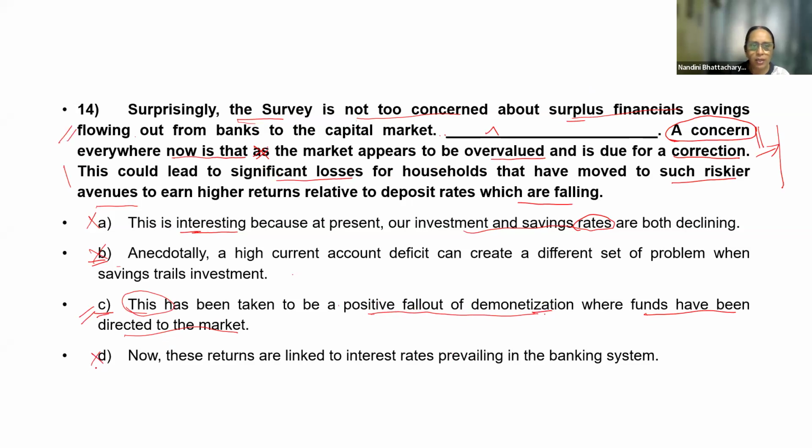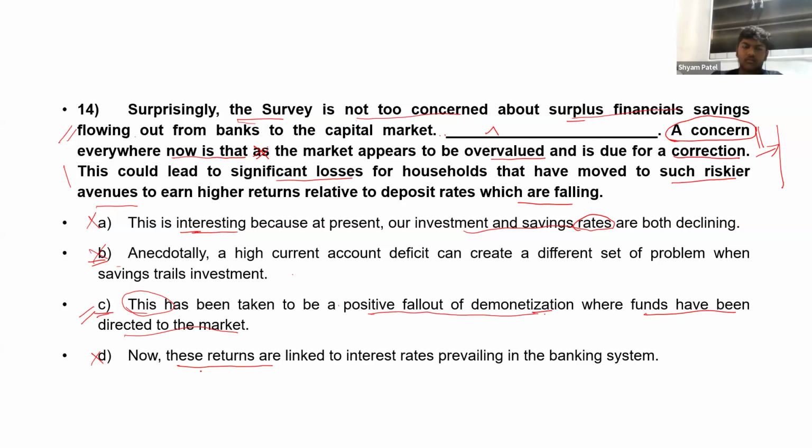Now, when we come to D, it says now these returns are linked to interest rates prevailing in the banking system. Is that linking the 2 points here? Shyam, when you talk about D, does it link the 2 points? No. Not really.